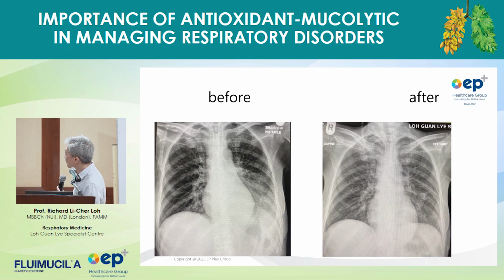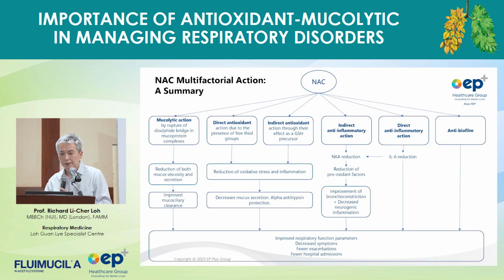So that's the X-ray with left lower collapse over here, collapse consolidation, and it easily improved. You can see the diagram very clearly. So the silhouette sign now is negative, so we know that there's no consolidation over here. So in summary, NAC is more than just a mucolytic agent.